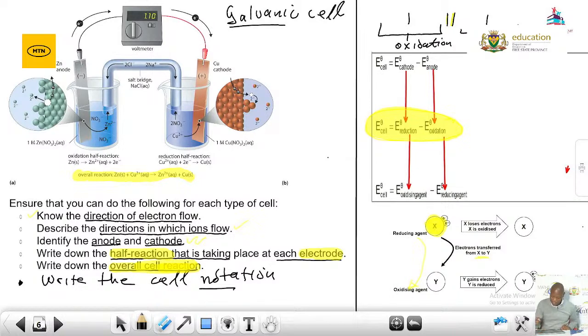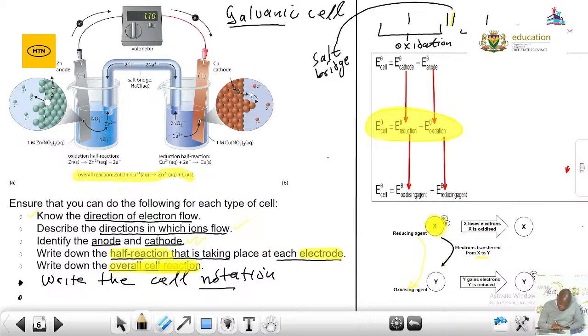So what does that basically say? It says it is important for one to know how to identify oxidation and reduction. Once that is done, everything will be easy for us to understand.